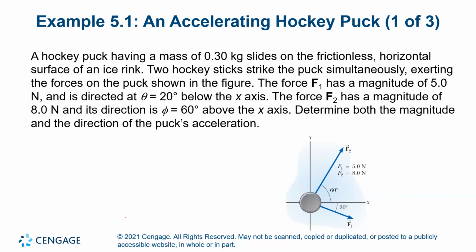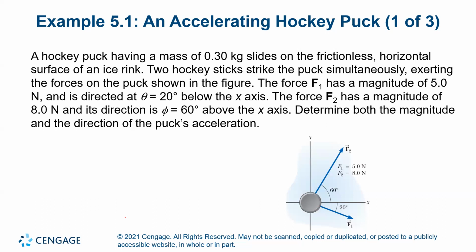Now, using what you know from vector addition, all you really need to do is add these two vectors. You get the x components and y components, combine all the x components, combine all the y components, and then use the Pythagorean theorem to get the magnitude of the net force, or the sum of these two forces, and then the direction as well.